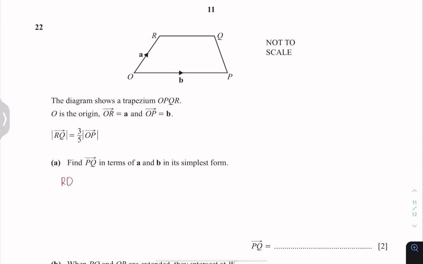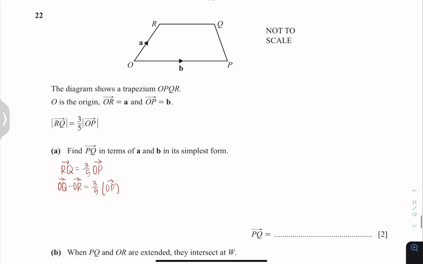Moving on to the last question. RQ is basically 3 over 5 OP. So when we break it down, it is OQ minus OR, giving us 3 over 5 OP. Since the question asks for PQ, that is just OQ minus OP.